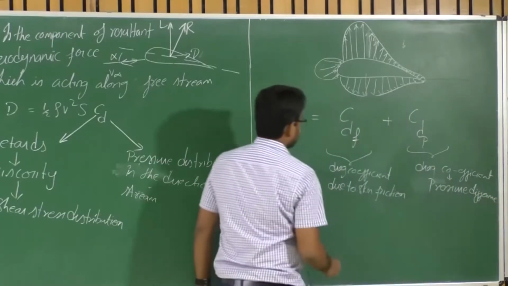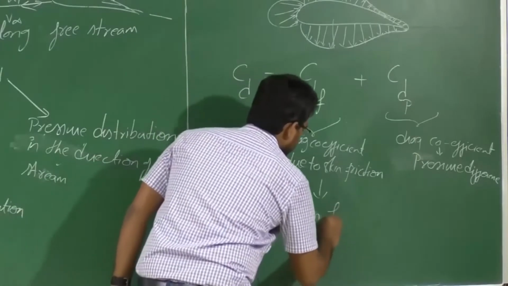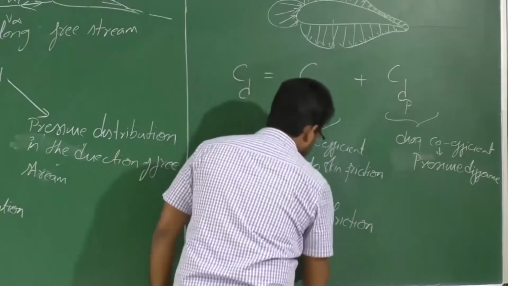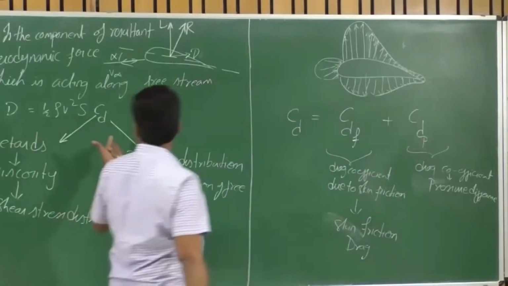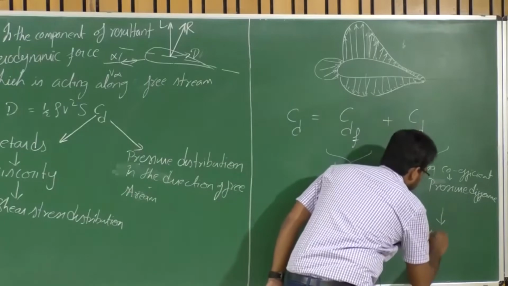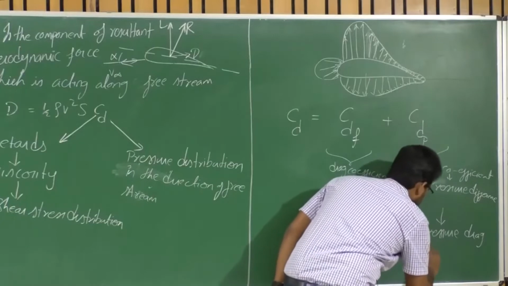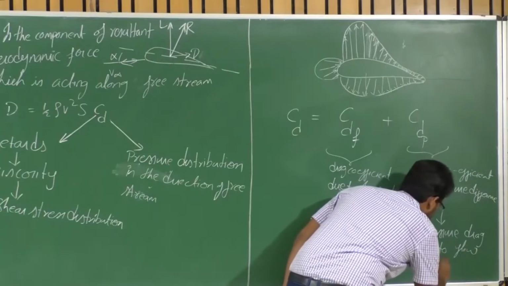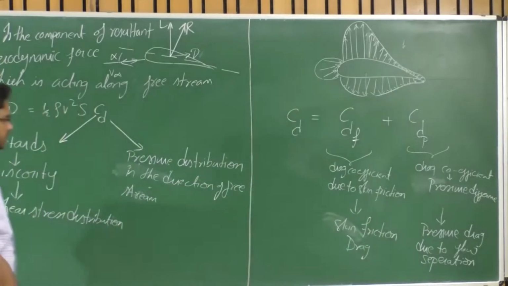So this first term is known as skin friction drag, and the second term, when multiplied by the other parameters here, is known as the pressure drag coefficient or pressure drag due to flow separation. Right? Due to flow separation.